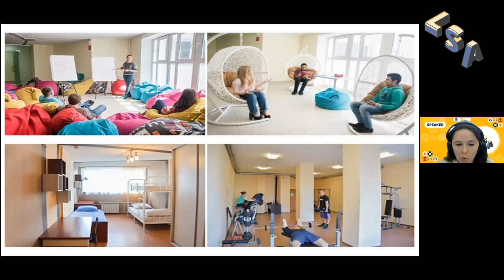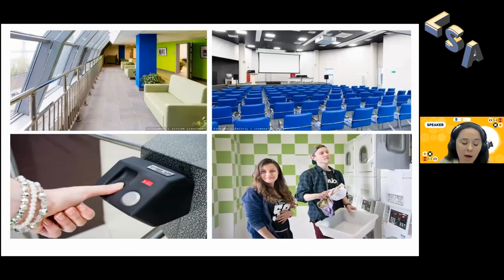Below you can see the look of a typical room in a dormitory, then some shared rooms for your leisure time or for your education, and the gym. I should say that all our dorms are extra safe. They are equipped with fingerprint scanners to secure student residence, so you shouldn't worry about your stay here. Everything is safe.